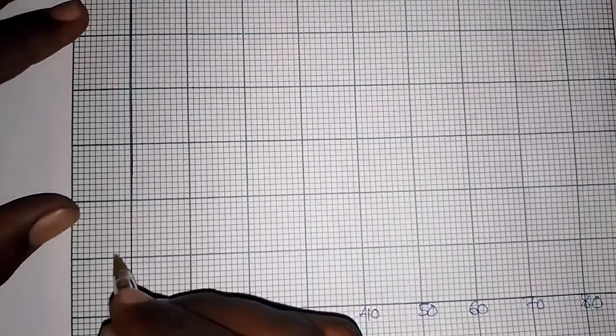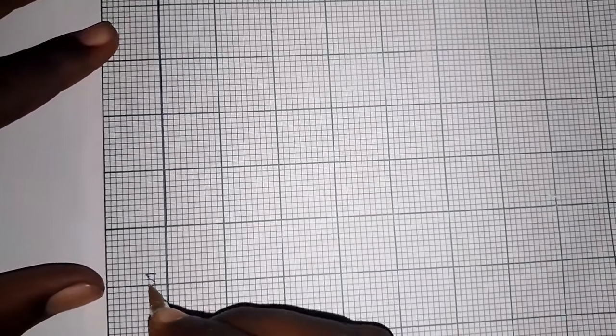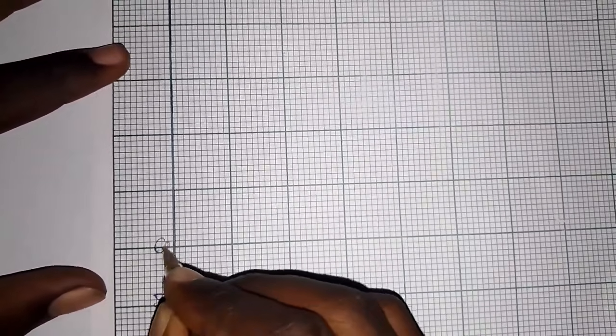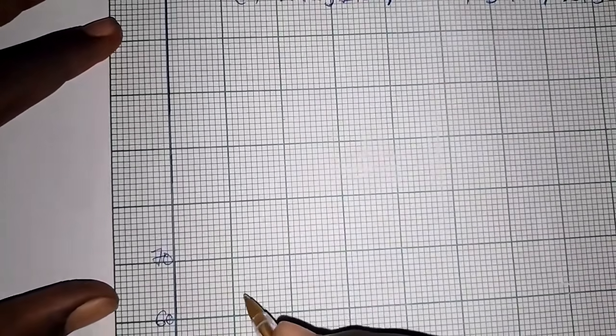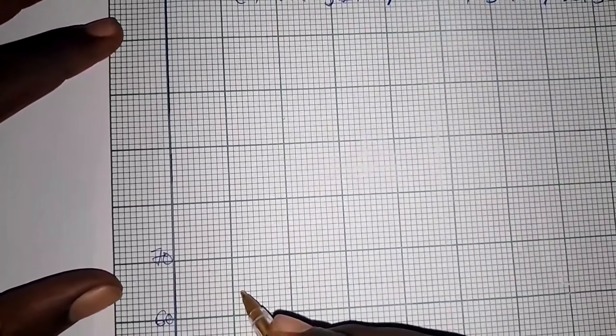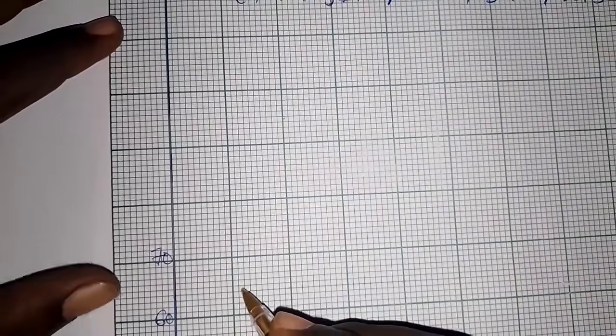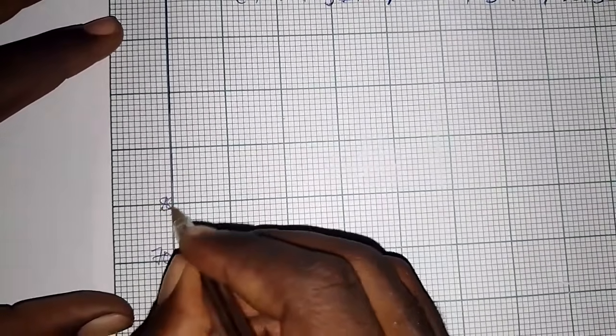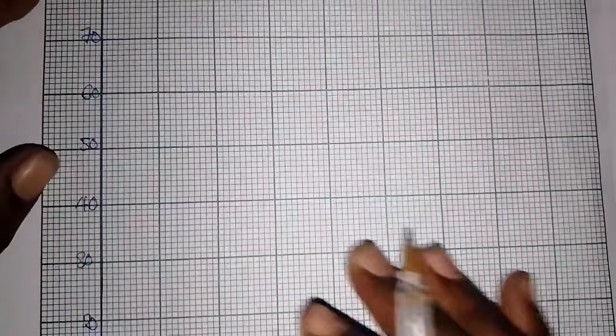So even here, they're saying on each axis 10, 20, 30, 40, 50, 60, 70. Have you seen 70? I'm going 70, 80. I can end there. There is no problem.